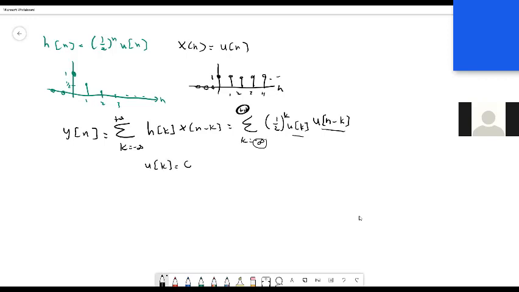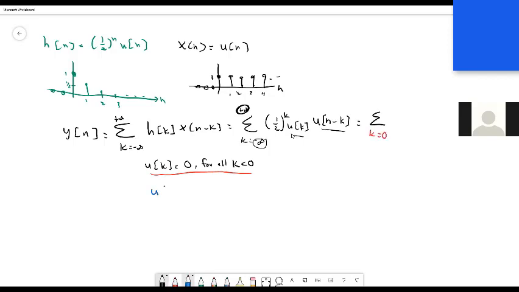U of k is going to be 0 for all k less than 0. So when I multiply u of k by anything else, for all the negative values of k, that product is going to be 0. That's going to result in my lower boundary changing to k equals 0.